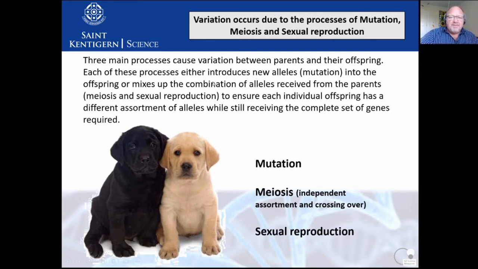But how do we get this variation? Even if you think back to when we are in class, some of us have red hair, some of us have blonde hair, some of us have very little hair, some of us have dark hair. There's lots of variation in there. Did you know the first person to ever have blue eyes?